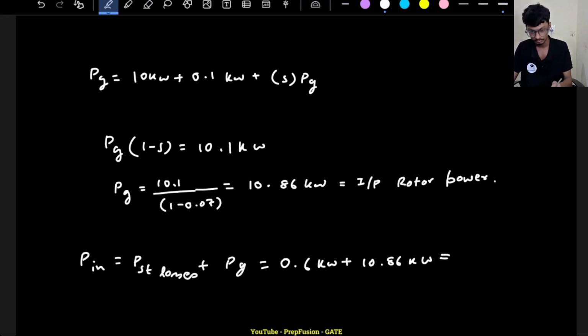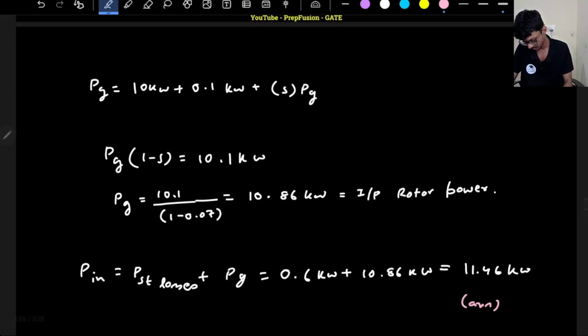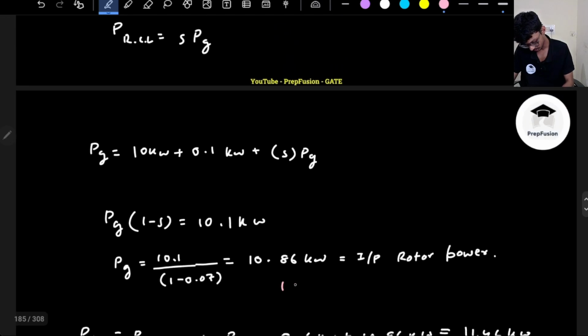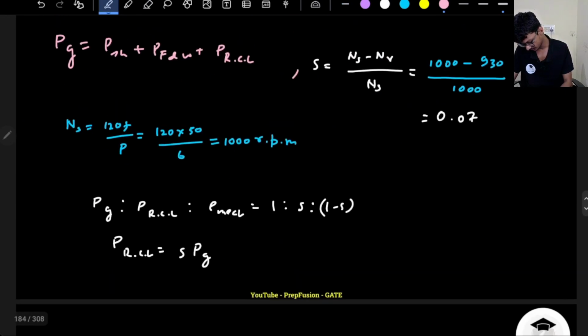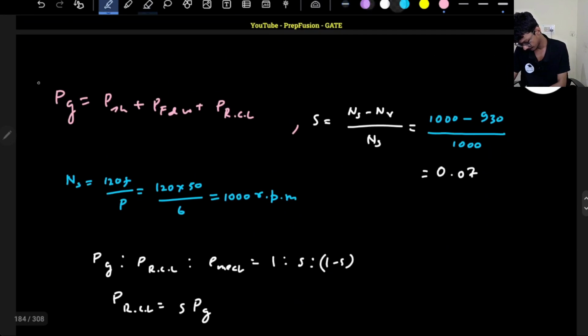So this is the input to the stator. This is one of the answers in the first part, and this is the other answer, right? This was the first part basically.